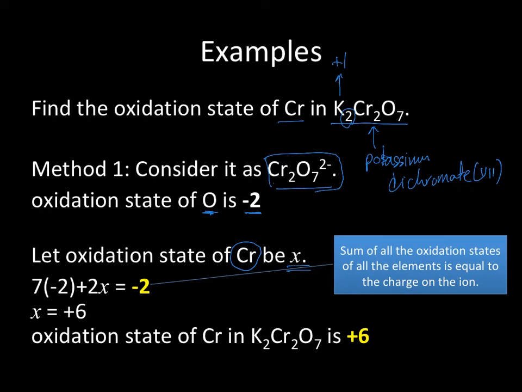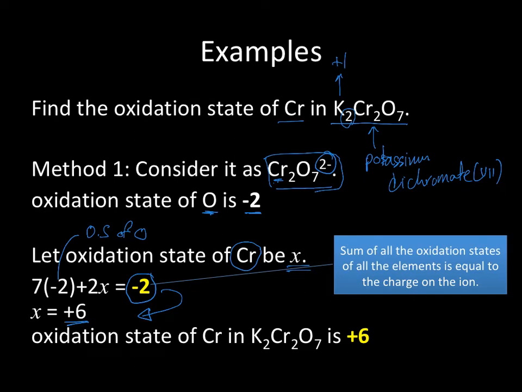So I have 7 times -2, because each oxygen has an oxidation state of -2, and I have 7 of them. And if I add 2x, because I have 2 chromium here, the charge would be equal to -2 because dichromate is -2. And if you solve the algebraic expression, X would be +6.